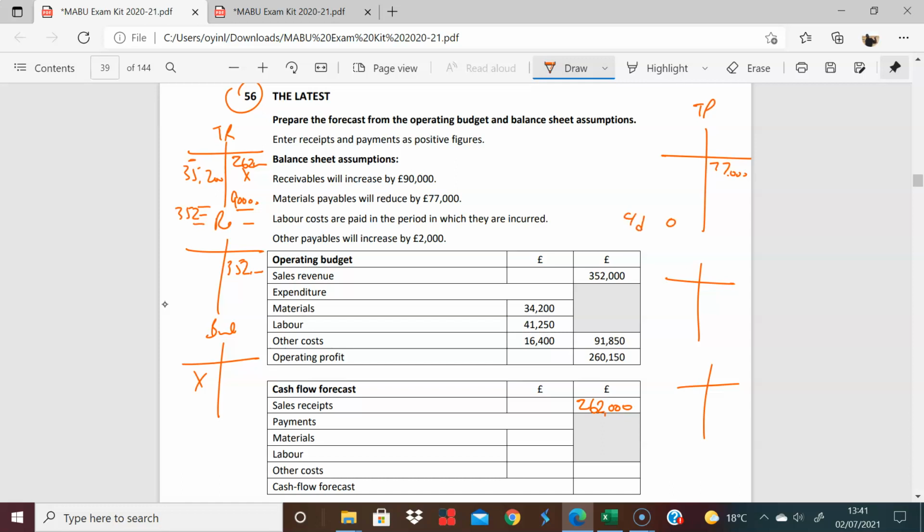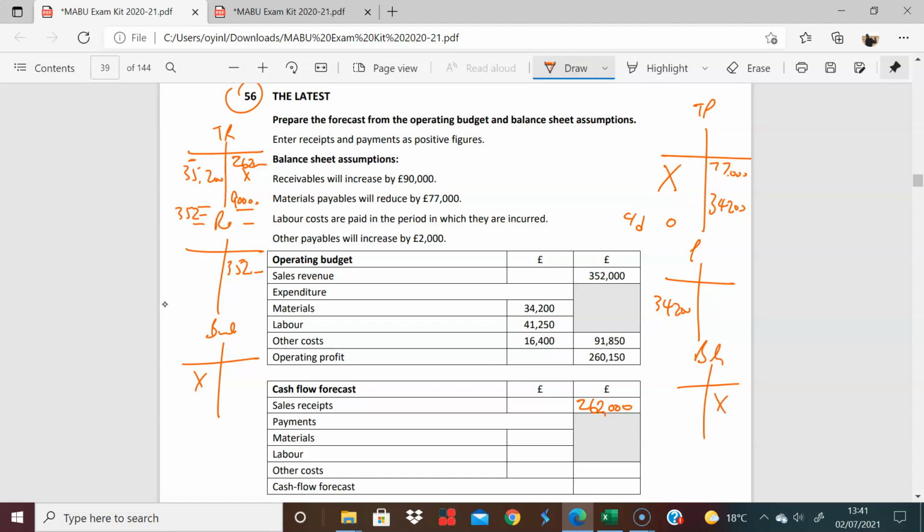But you then buy some goods on credit, materials for 34,200. So you have purchases 34,200, and you have 34,200. So it means that you have debited trade payables and credited bank, if you like, with those figures.